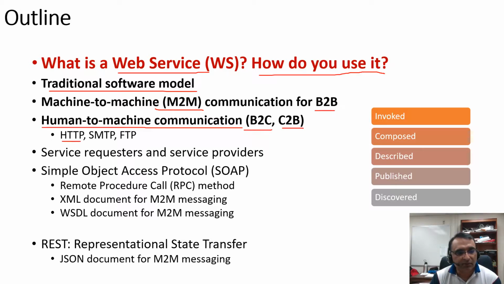We will discuss HTTP, SMTP, FTP a little bit. Most important thing is we need service requester and service provider in order to make sure that web services are going fine.